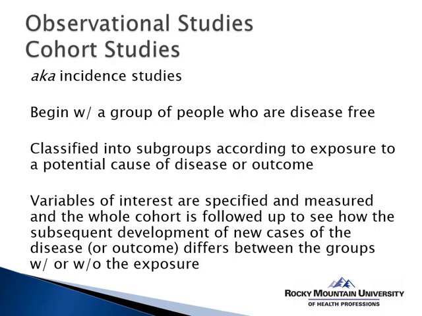So, do they present with a certain fitness level, or are they maybe at risk, or we are hypothesizing they are at risk because their fitness level is not as good? Variables of interest are specified and measured, and the whole cohort is followed over time to see what the percentage of new cases of disease or injury are in the groups.